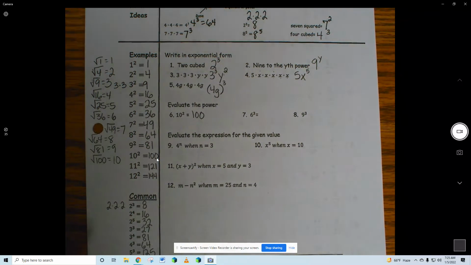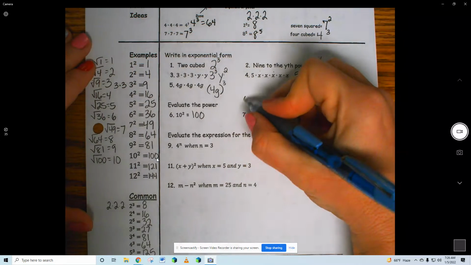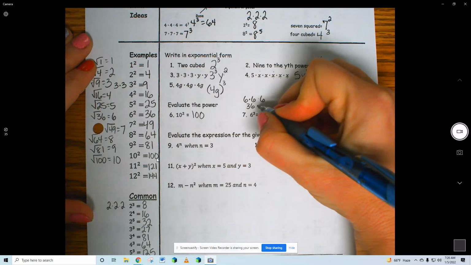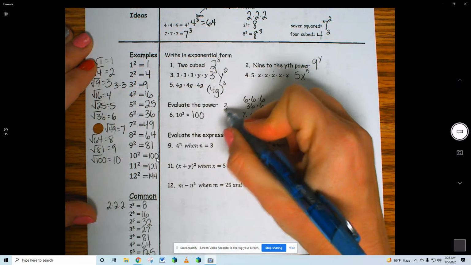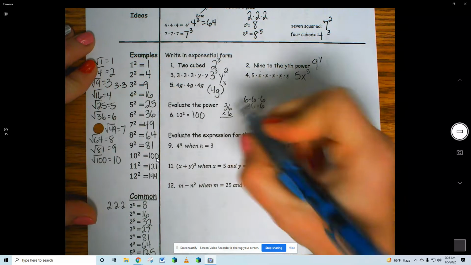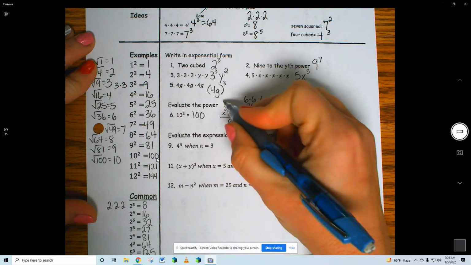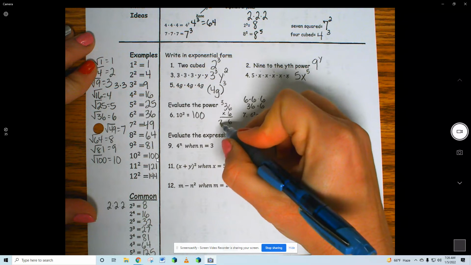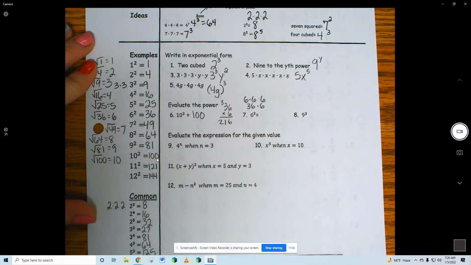6 to the 3rd. I actually have to do it out, you guys. So 6 times 6 times 6. 6 times 6 is 36 times 6. So just do it out on the side of your paper. 6 times 6 is 36. 6 times 3 is 18, 19, 20, 21. 216.